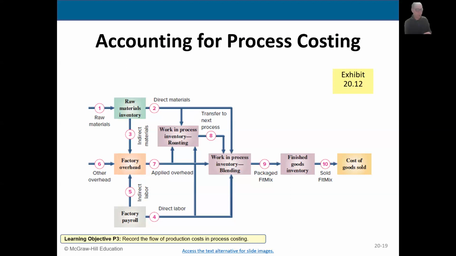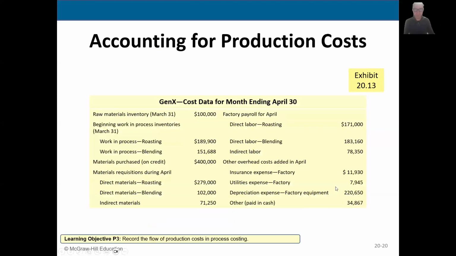As the product moves through each department, it keeps accumulating direct materials, direct labor, factory overhead until it reaches finished goods. And then, of course, when it's sold, it becomes cost of goods sold. You see, this just is a nice representation as a flow chart following the physical flow of the product.